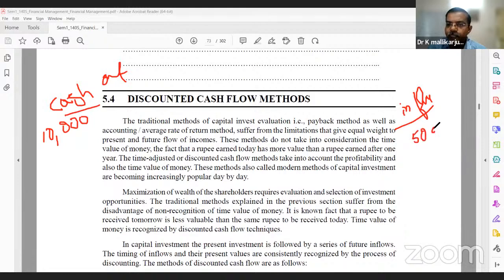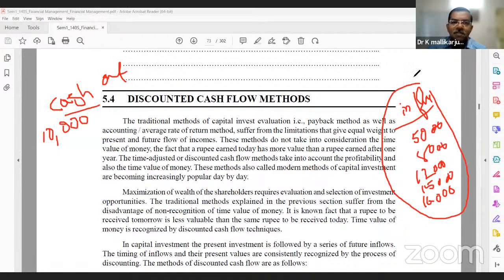Like 5,000, 8,000, 12,000, 15,000, 16,000. These are the estimated cash flows.